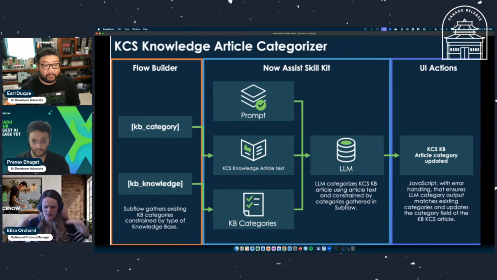So the LM is going to look at this list of categories. It's going to look at the contents and go, I think this pertains more so to the operating systems category or the devices category. And then we're going to go and actually auto assign that category to the knowledge article itself.